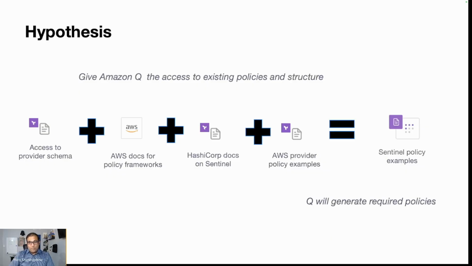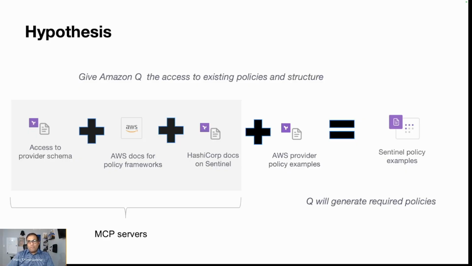MCP is a thing, and it definitely helps QCLI in this context, giving more details on what's possible with respect to getting more relevant, more up-to-date information with respect to the documentation and the registry itself. So I can use the Terraform and AWS documentation MCP service, augment what QCLI knows to help me create these Sentinel policies.